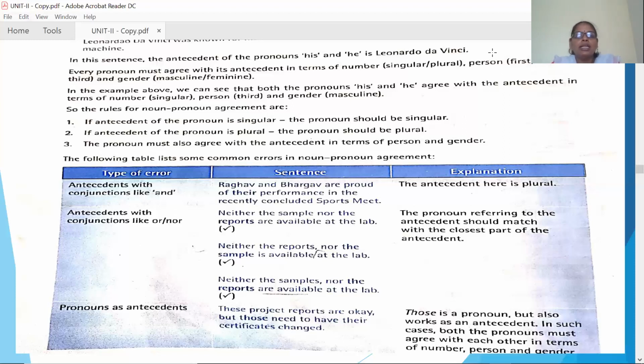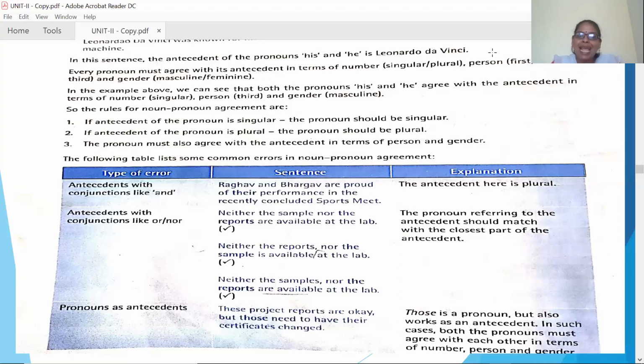And the third one: Neither the samples nor the reports are available at the lab. Both are plurals. One should be very careful when making this.